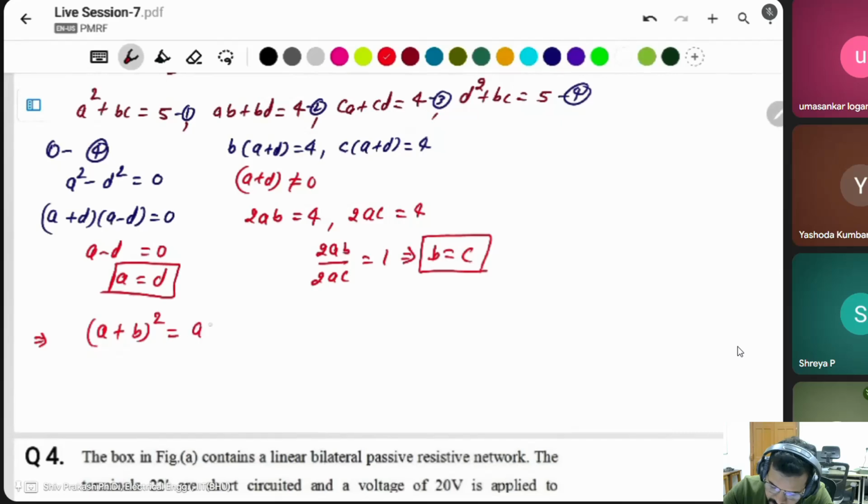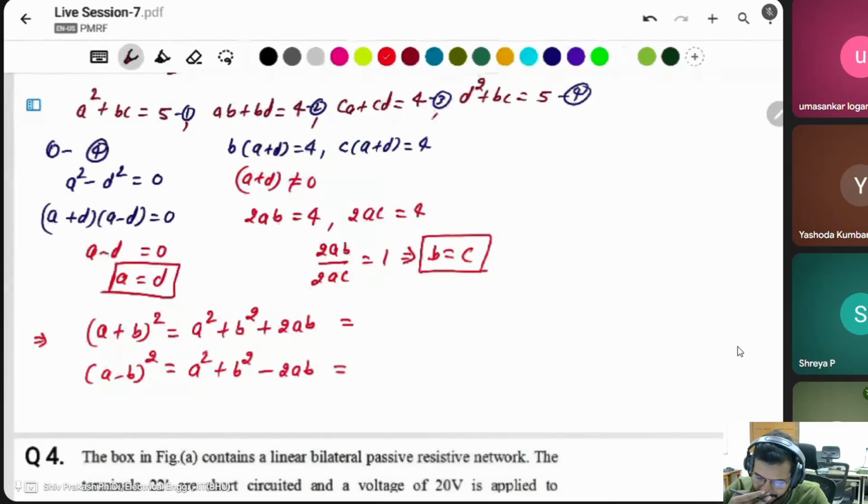Suppose a plus b whole square. What is this? It will be a square plus b square plus 2ab. Same thing, a minus b whole square is a square plus b square minus 2ab.